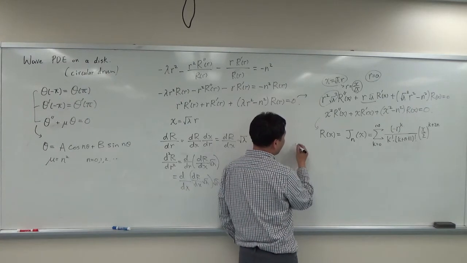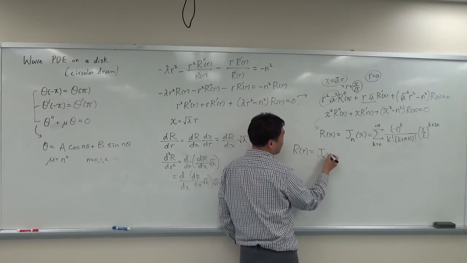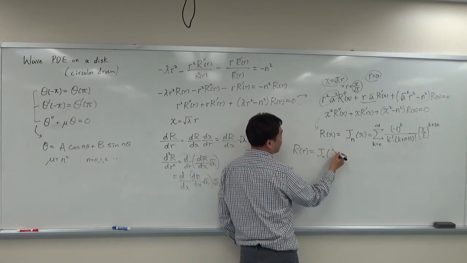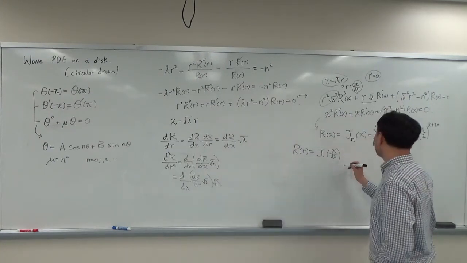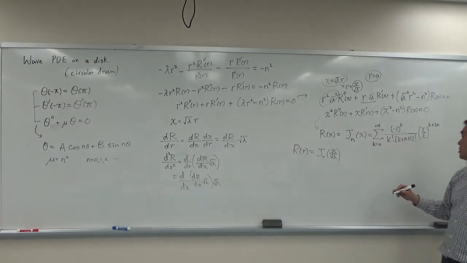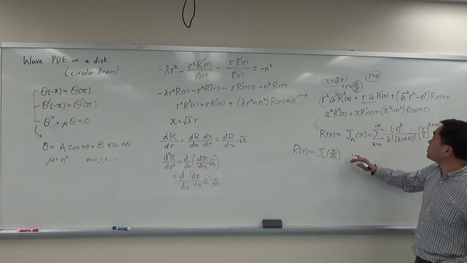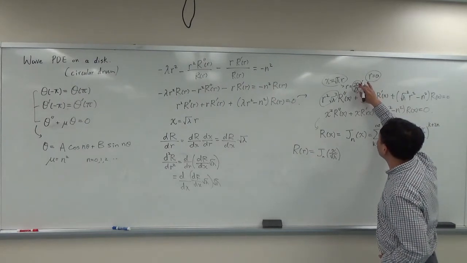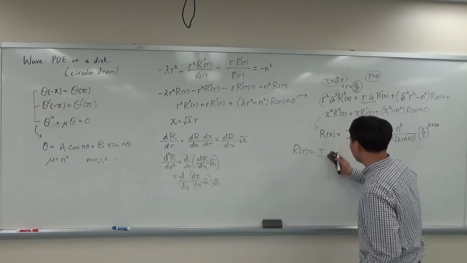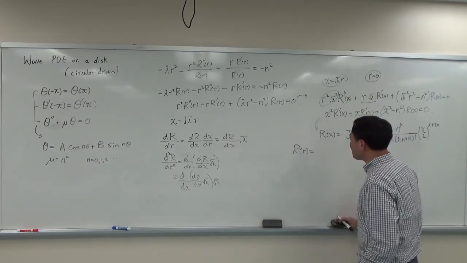So R as a function of r would be J_n with x replaced by square root of lambda r.